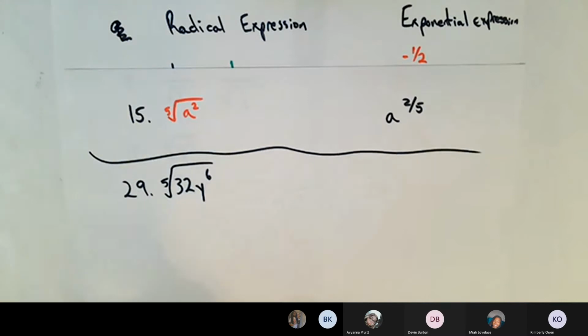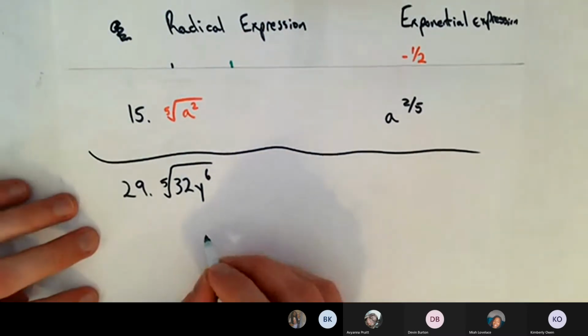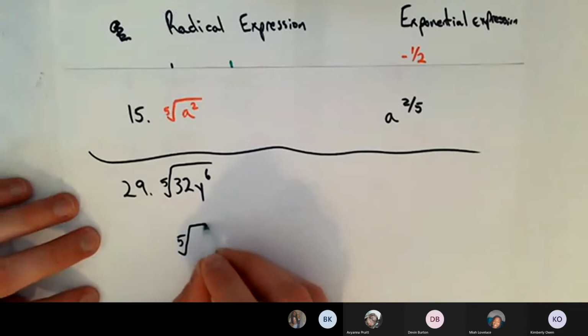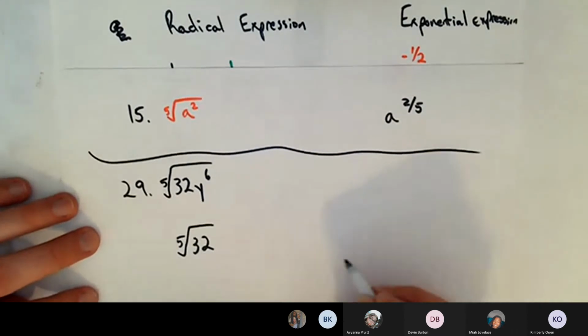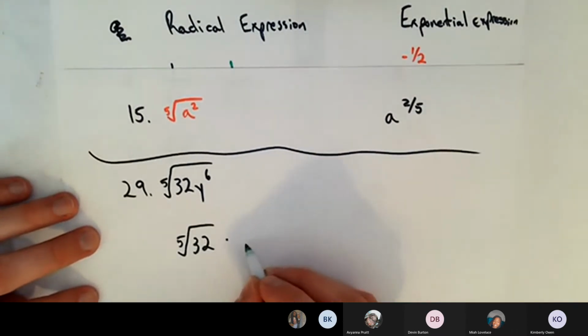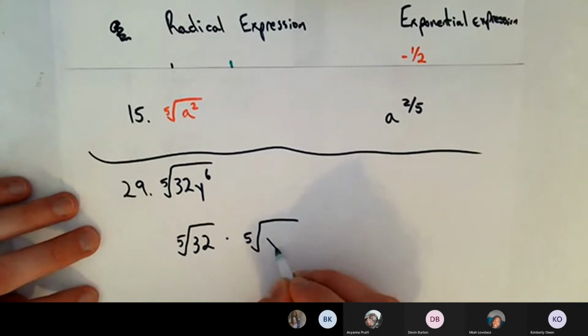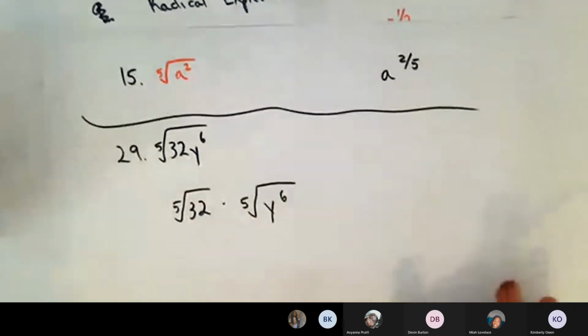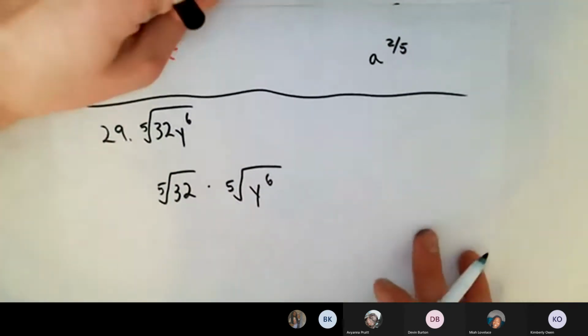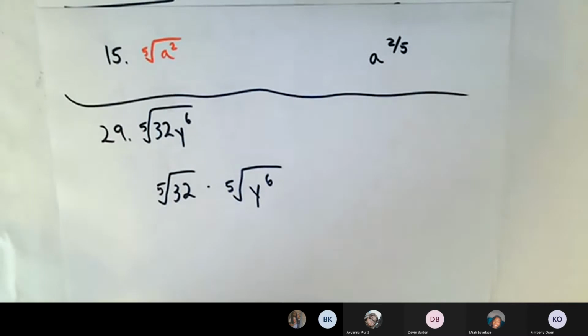All right, so the first thing you want to do here is decide how you're going to simplify the 5th root of 32, because we're going to do these in pieces. We know that we can split these two terms like this. Is there some number such that when you multiply it by itself 5 times, you get 32? And the answer is yes.